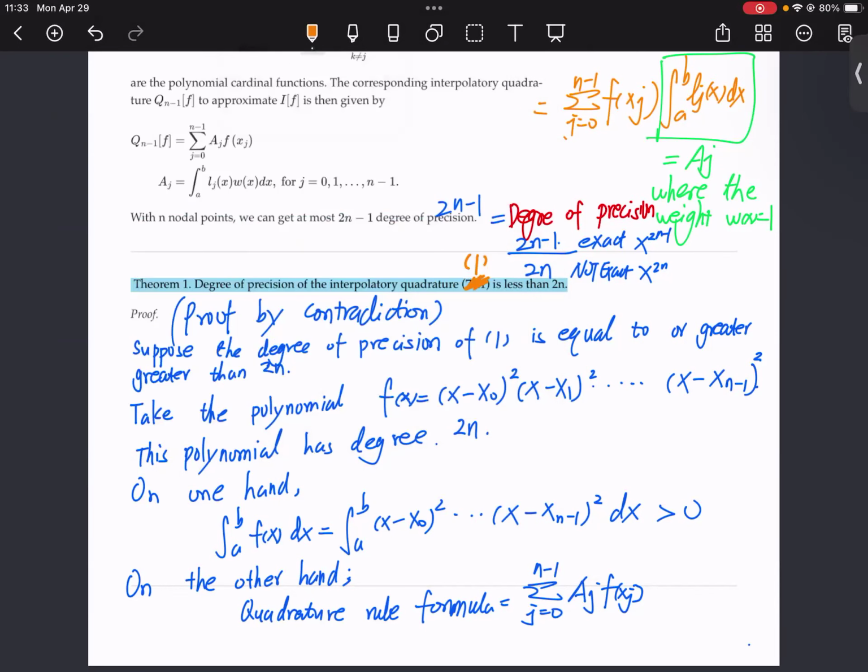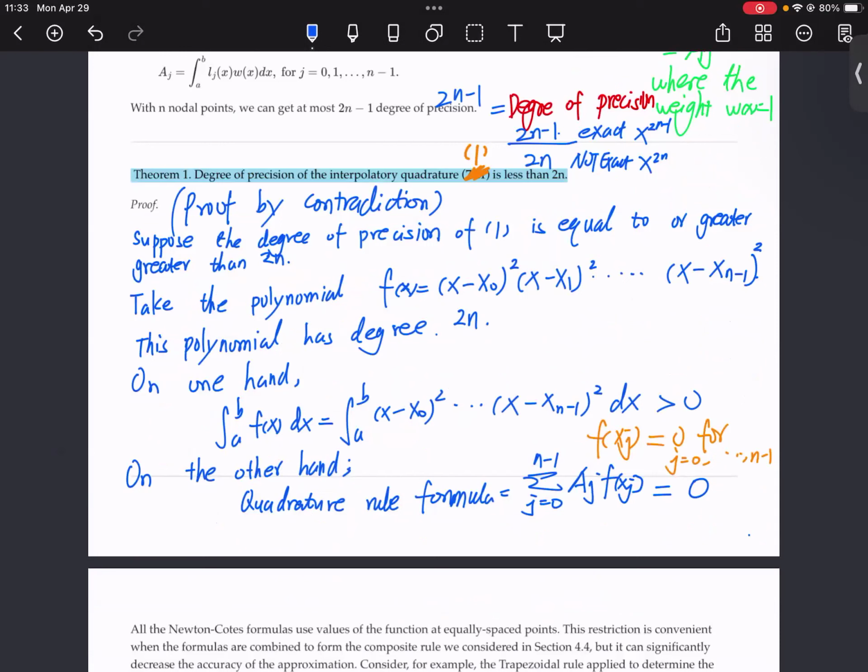This means that f(x_j) always equals 0 for any j from 0 to n minus 1, and so on the right hand side, from the quadrature rule formula, it equals 0. Do you see the contradiction here?